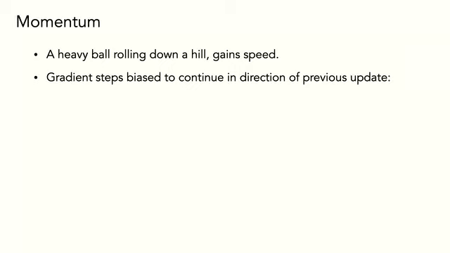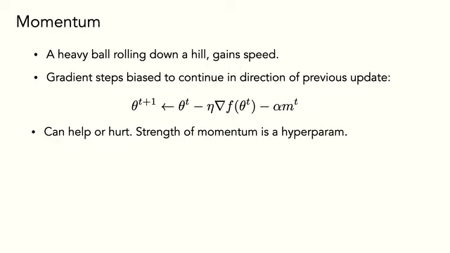You're giving it momentum based on its past direction of movement. Here what that looks like is you're just adding in a momentum term, parameterized by alpha, that is capturing the direction that you moved in the past. And this can actually help or hurt. The strength of that momentum, that alpha, is a hyperparameter.